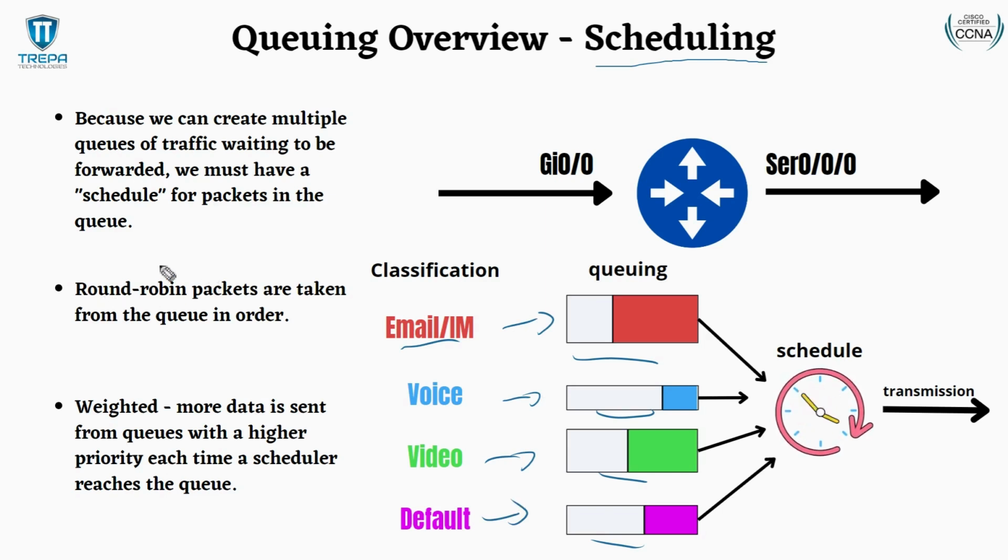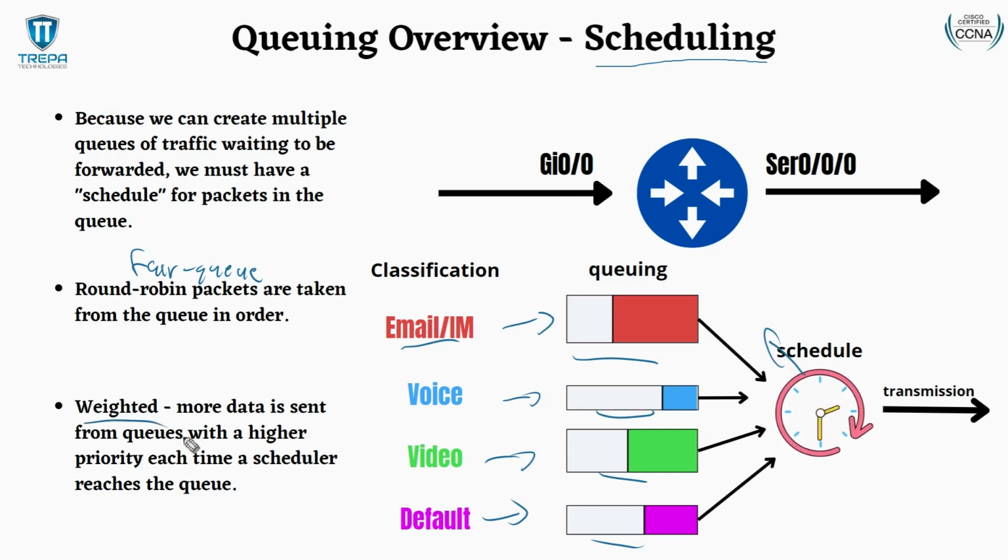With regular queuing, just fair queuing, we have something called round robin, which means the order that the packets were placed in the queue is the order they're going to get transmitted. There really is no system to it. The schedule pretty much just says, okay, who's next, right?